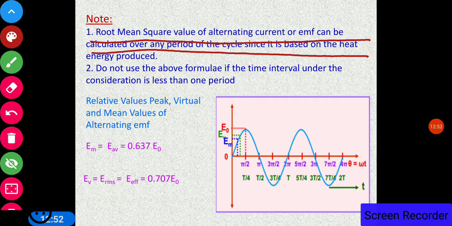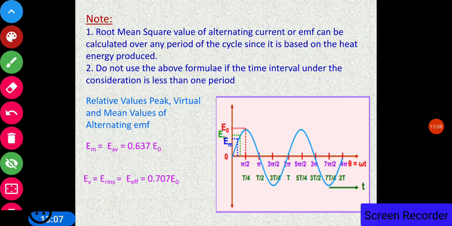But for the complete cycle, the formula will be E is equal to E naught upon root 2. We cannot use the formula for any other time period. Do not use the above formula if the time interval under consideration is less than 1 period.